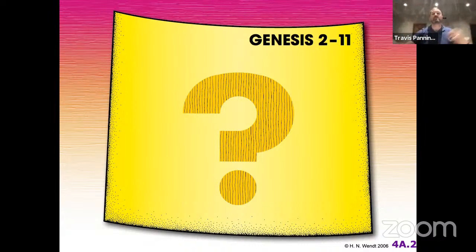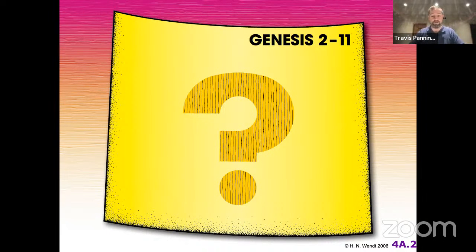Before any plant had sprung up from the ground, before any water had watered the ground, God formed man out of the dust of the ground and breathed into his nostrils the breath of life. And from there, everything started to sprout and grow. God planted a garden, and God brought the animals to Adam so that he might name them, but we found out that Adam is alone.